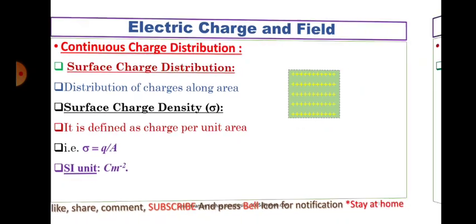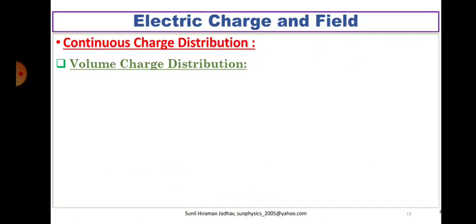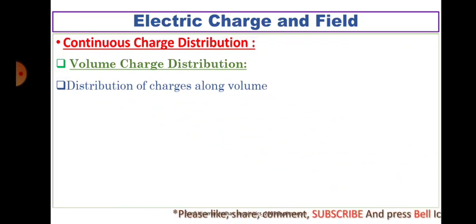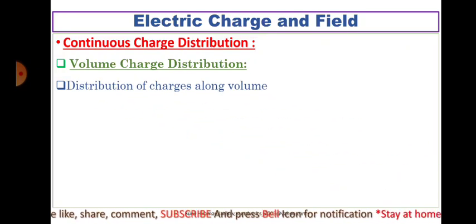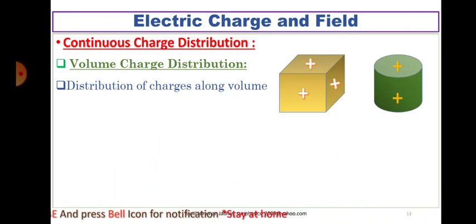The next is the third case, volume charge distribution. As we discussed for linear and surface charge distribution, we can define volume charge distribution. It is the distribution of charge over a volume.